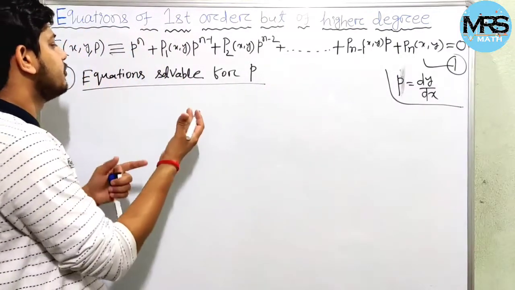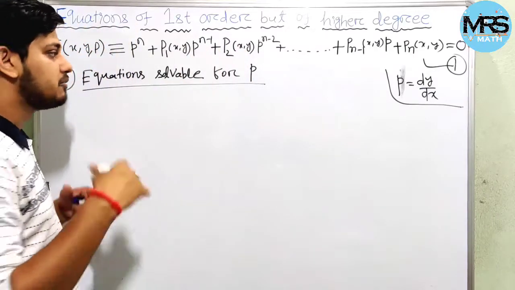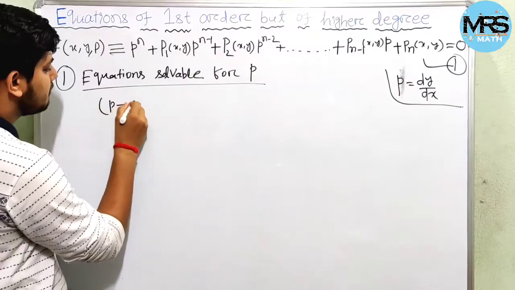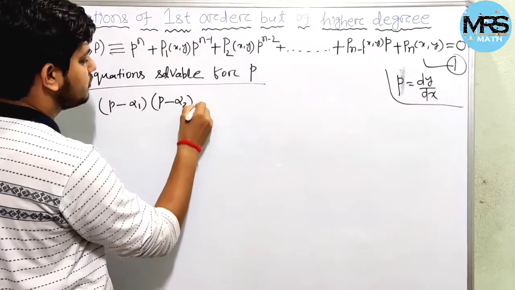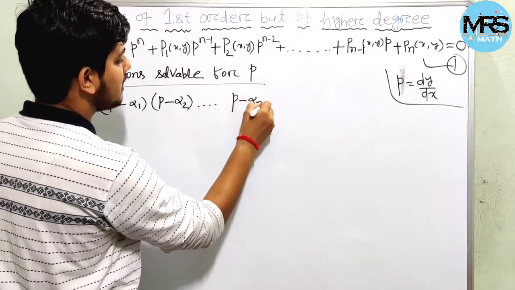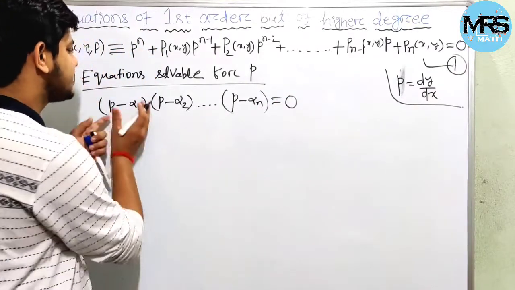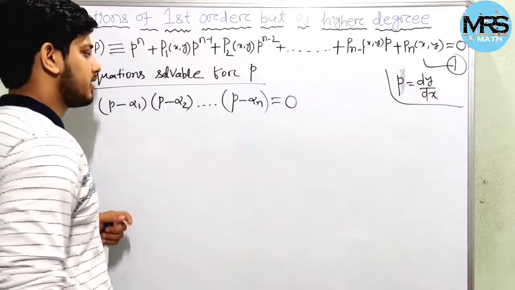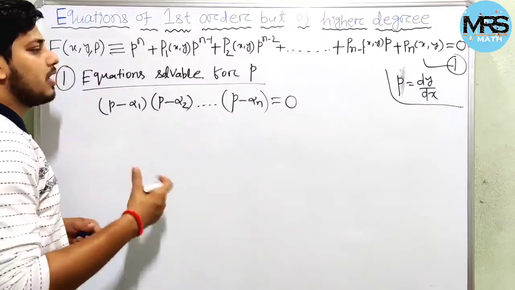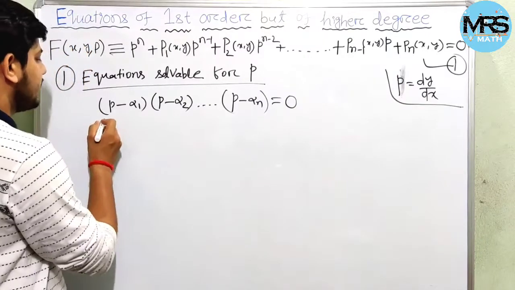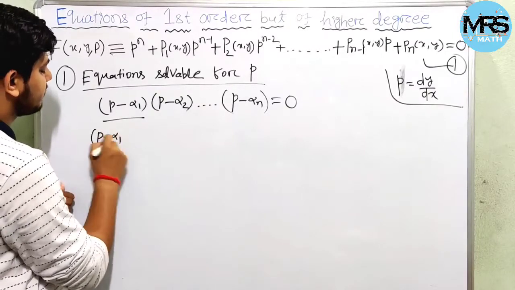We can say that an equation is solvable for p if equation 1 can be written as p minus alpha 1, into p minus alpha 2, up to p minus alpha n. That means these are the factors of p, and in each factor p is there. If we can write it this way, how do we solve it?